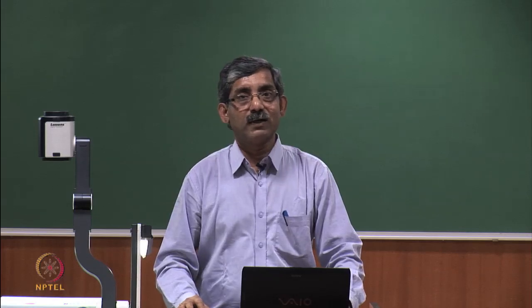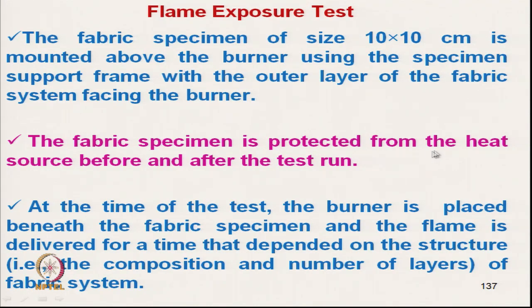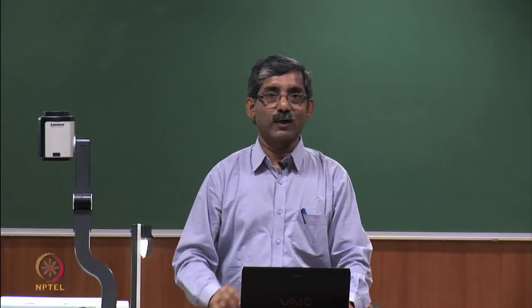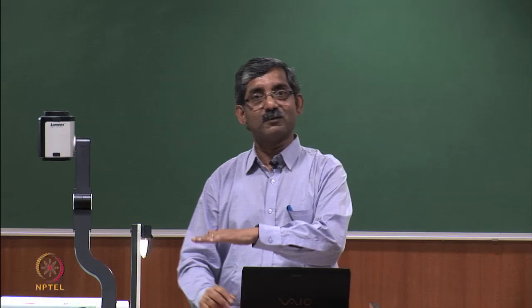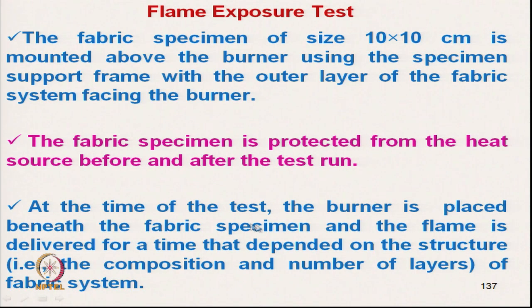The fabric specimen is protected from the heat source before and after the test run, with some shutter arrangement. At the time of the test, the burner is placed beneath the fabric specimen, and the flame is delivered for a time that depends on the structure of the fabric.